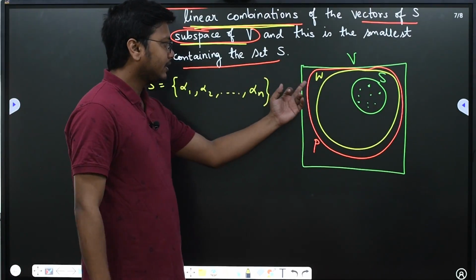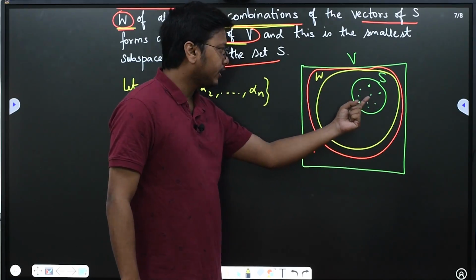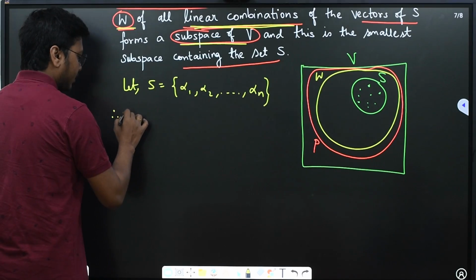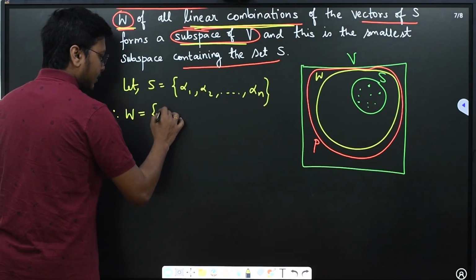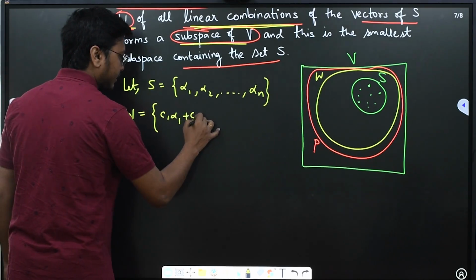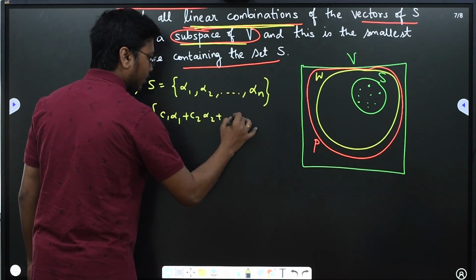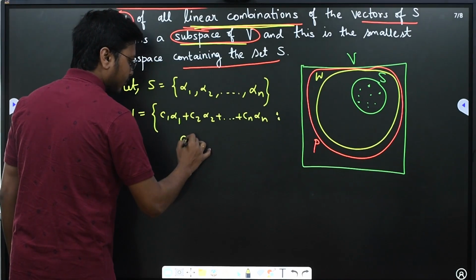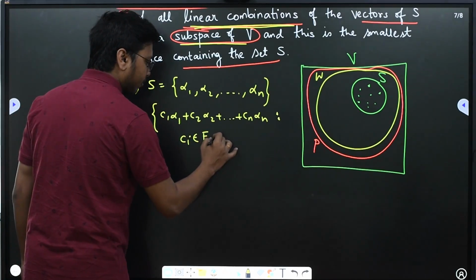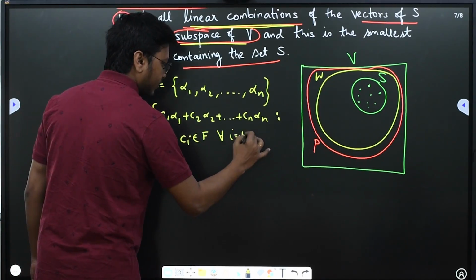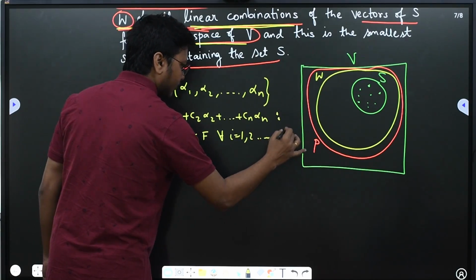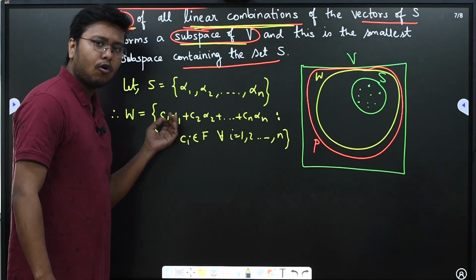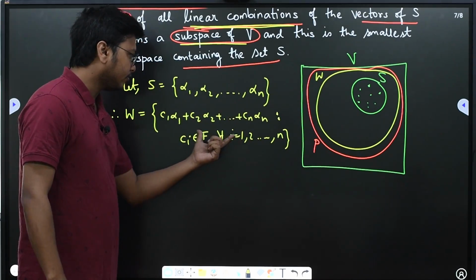Now W is the set of all linear combinations of the elements of S. So now I am creating W. Therefore W equals C1 alpha 1 plus C2 alpha 2 plus dot dot dot Cn alpha n, such that each of the constants has been taken from the field. Okay, so I have created W. So W is the set of all possible linear combinations of the elements of S.